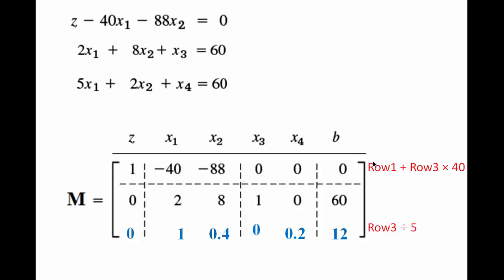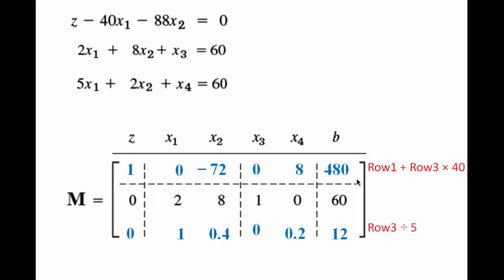So the first answer that we get is this element is 0, and we do the same to all elements. For example, minus 88 plus row 3 multiplied by 40, plus 0.4 multiplied by 40, and we get the new result here, minus 72. And we do the same to all elements, and this is what we get.